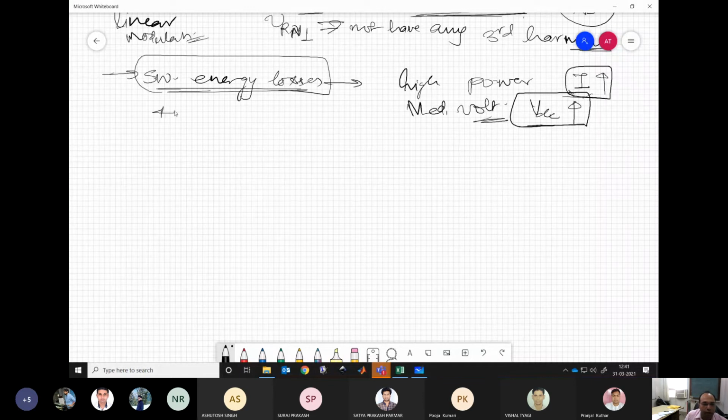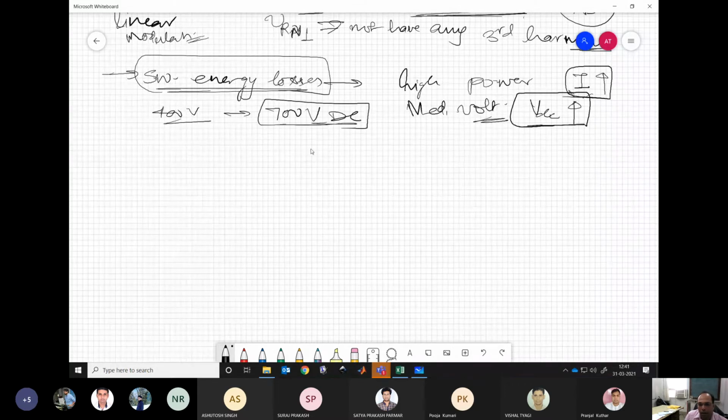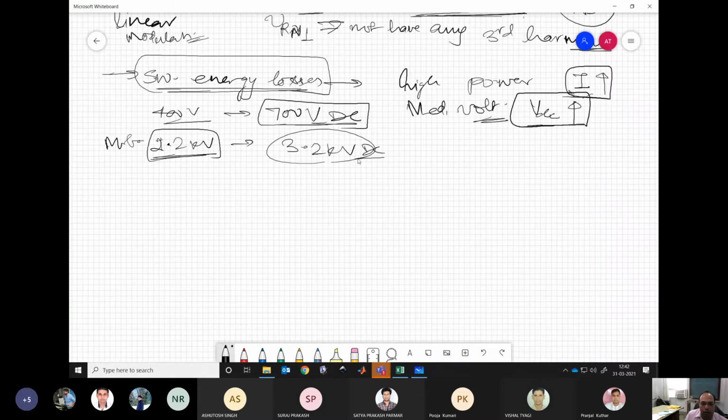Let's say if you take a 400 volts motor, the nominal DC bus voltage for sine triangle PWM will come to about 700 volts DC. But if you go for, let us say, a 2.2 kilovolt motor, your DC bus voltage requirement may go up to 3.2 kilovolt. So this has increased significantly.